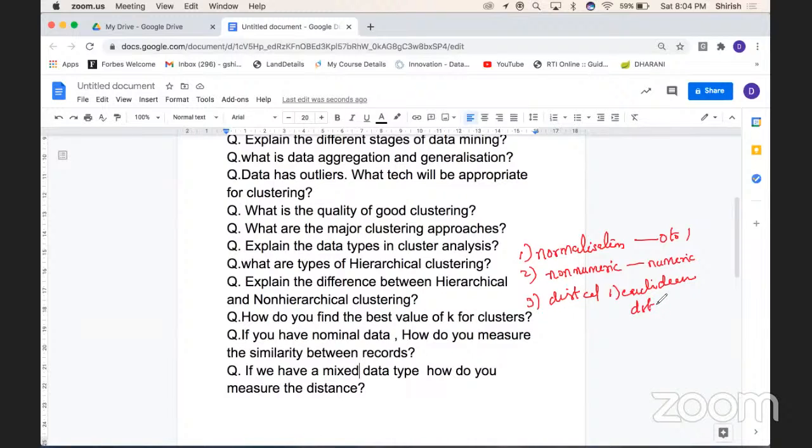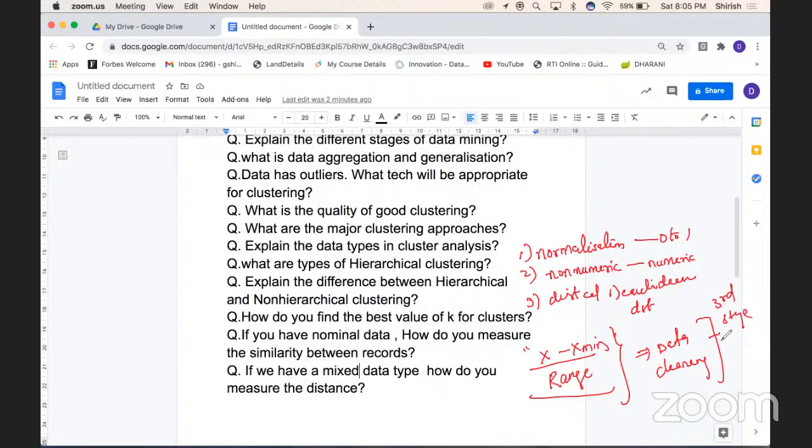If you know what normalization is, you all know, right? This is how you calculate it. Normalization is nothing but a data cleansing technique, so this comes under the third stage of CRISP-DM.